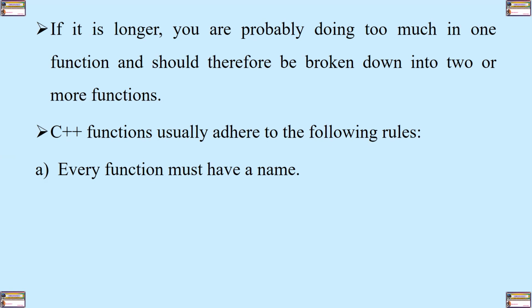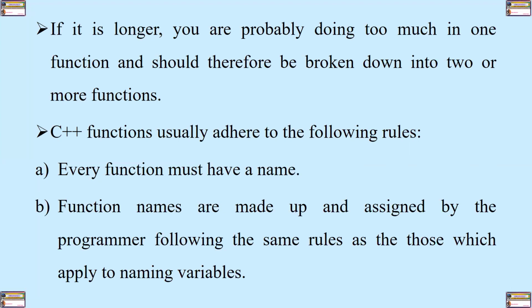So the name that you give must be meaningful. If, for example, you are going to compute the area of a circle, call your function compute area, or computing area, or just area. Number two, the function names are made up and assigned by the programmer following the same rules as those which apply to naming variables.